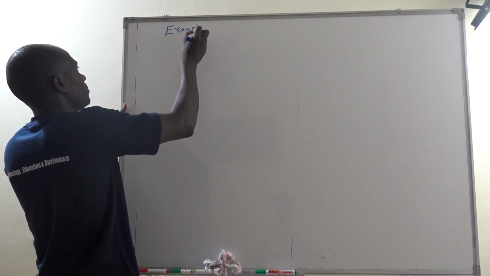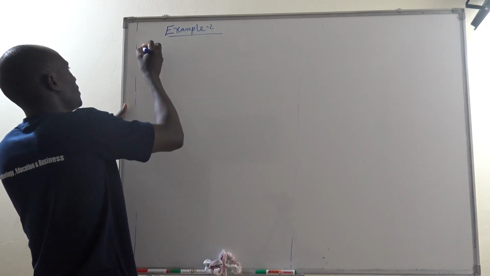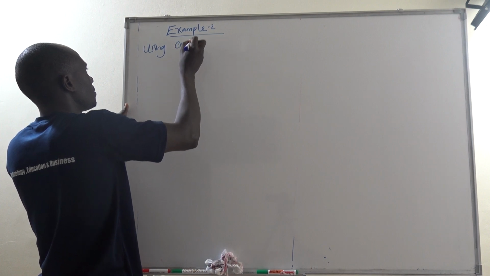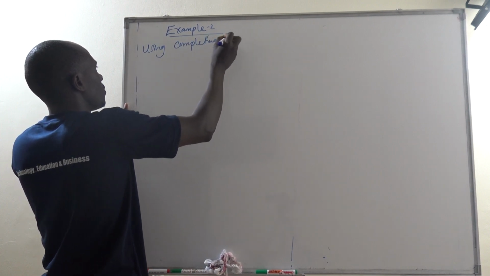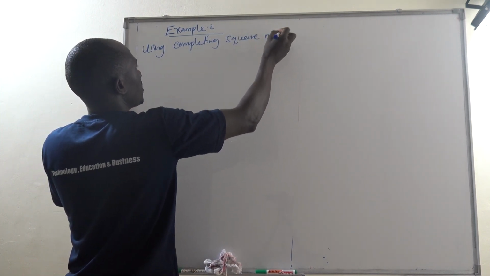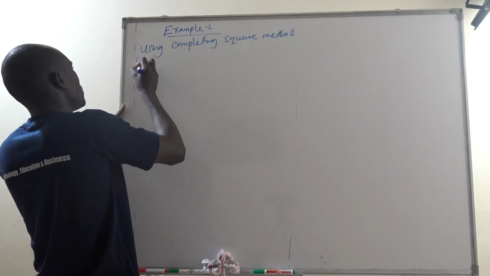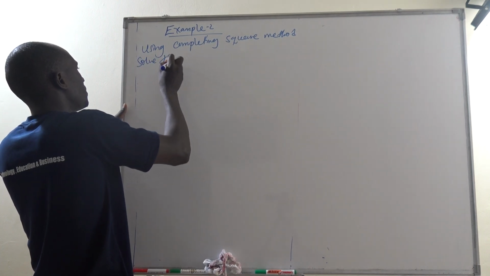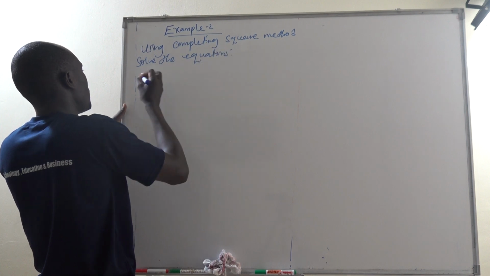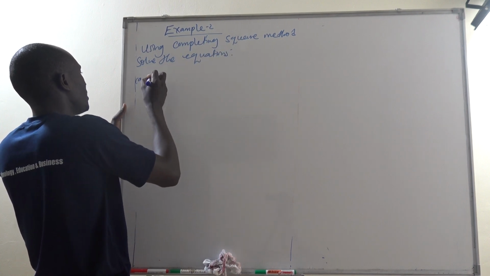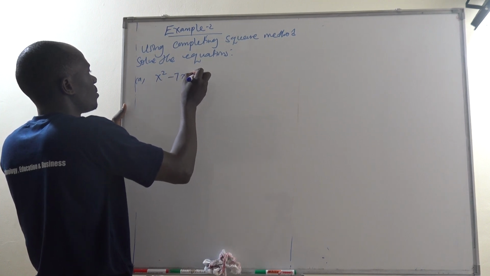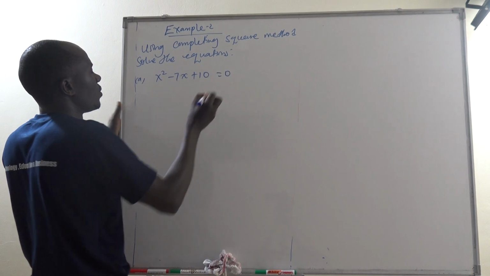Example 2, using the completing square method. Solve the equations. At a, x squared minus 7x plus 10 equals 0.